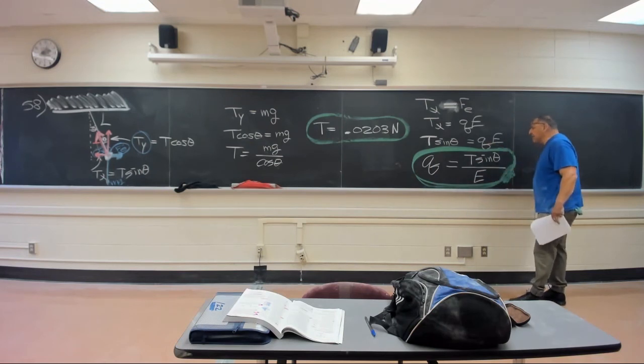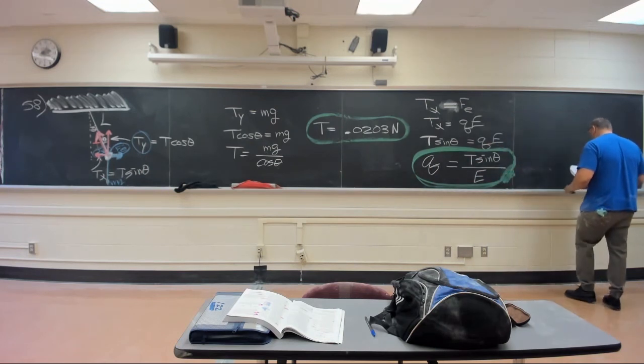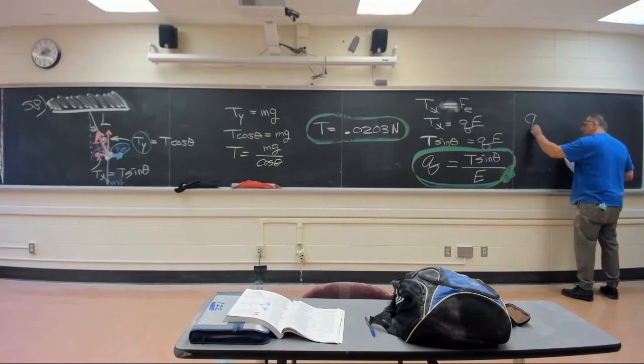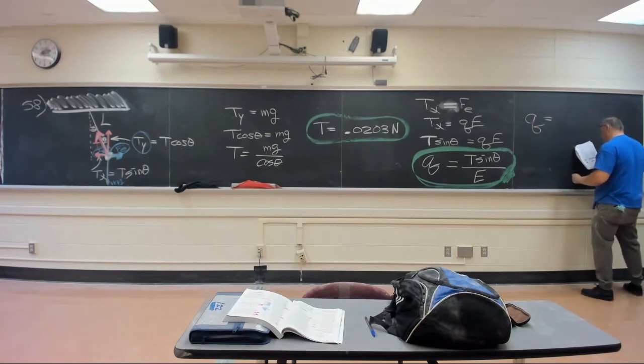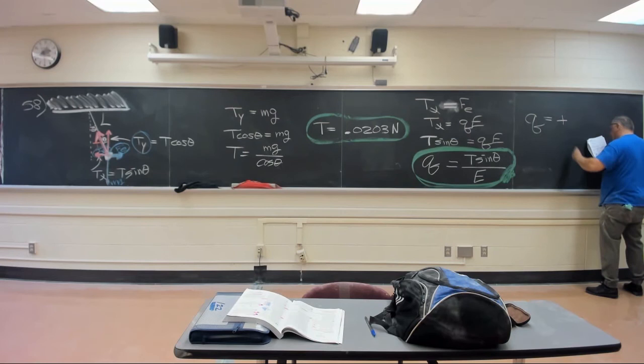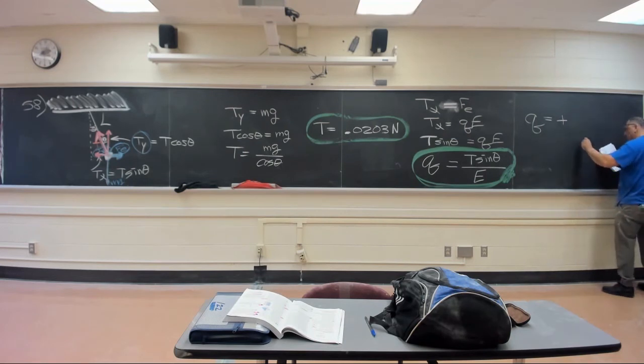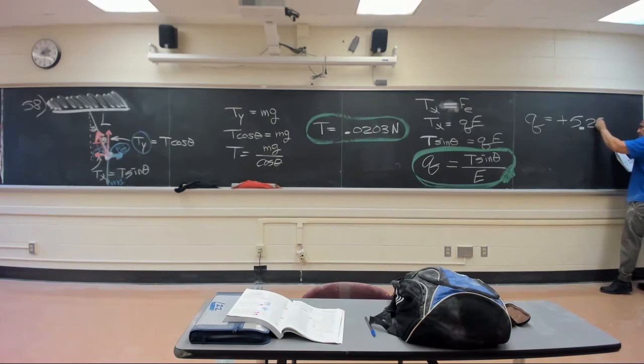Get an answer, divide that by 1,000, you got Q. It's a positive E field. For there to be repulsion in a positive E field, there's got to be a positive charge on it.